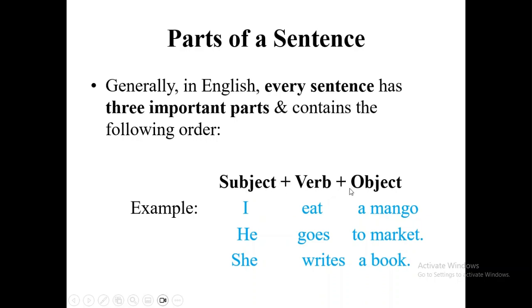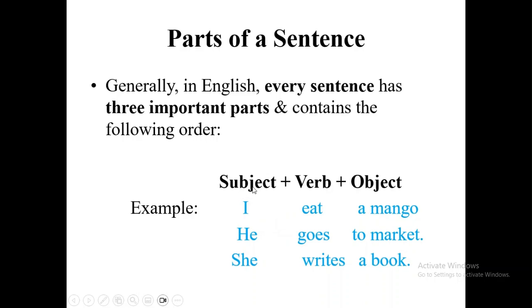Subject, verb, object. For example: I eat a mango, he goes to market, she writes a book. This is the order of a sentence which we find in English.